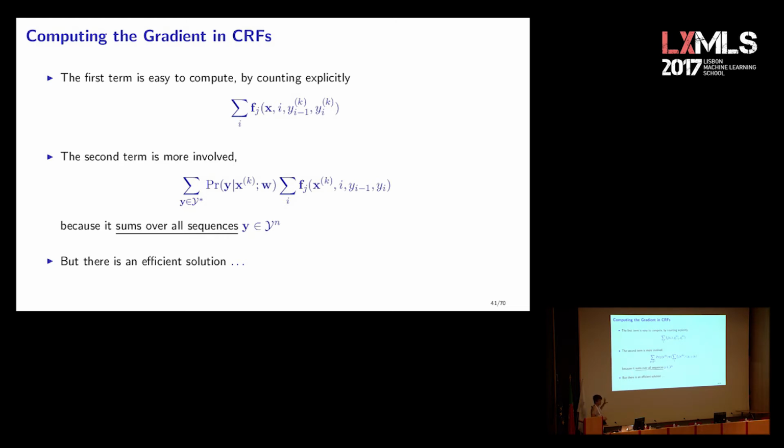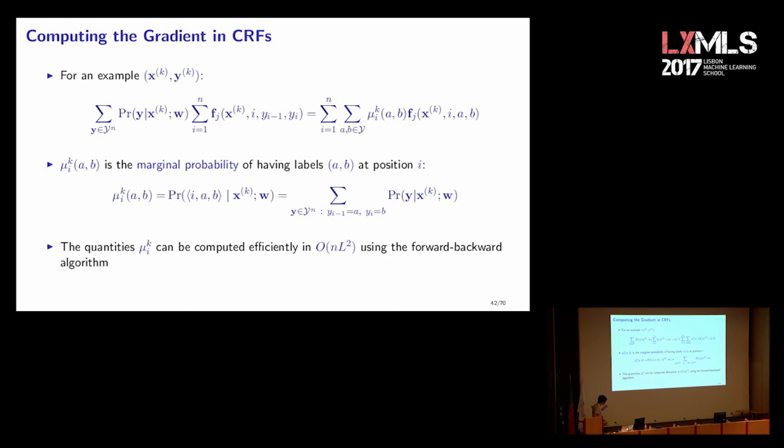And now when it comes to probabilistic learning, the fact that our representation is factored will be critical to the fact that we can compute the gradient, okay? So the solution, which is a bit math heavy, so I'm just gonna go high level, involves defining a quantity which is called the marginal probability, okay?